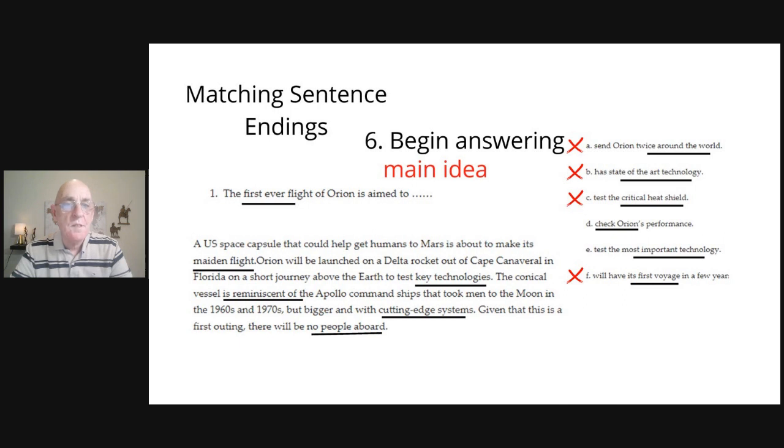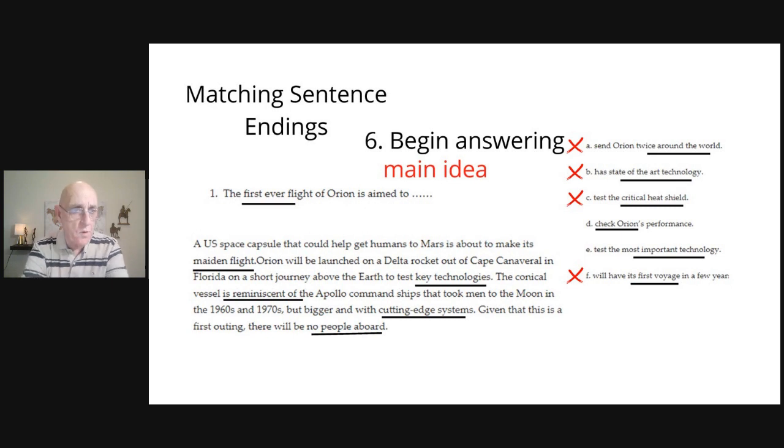It was launched for a short journey above the Earth, okay? And we can see that in our passage, so we can eliminate that. We see nothing in our passage about testing a critical heat shield. That's not even mentioned in this portion of the passage, so we're going to eliminate that.